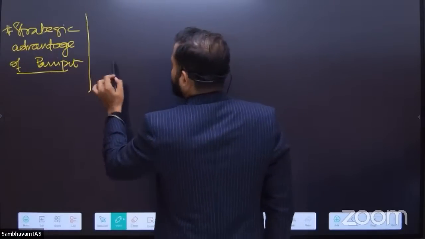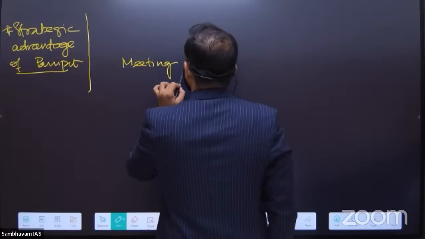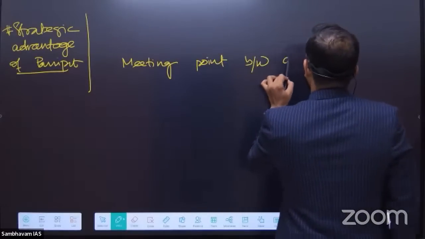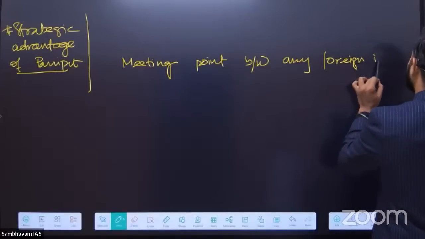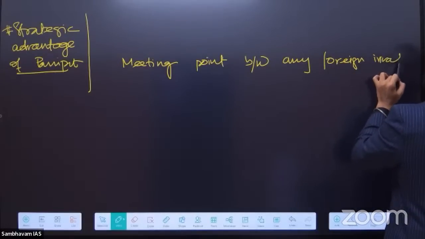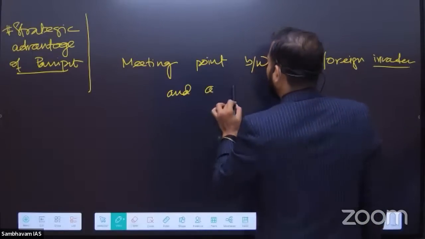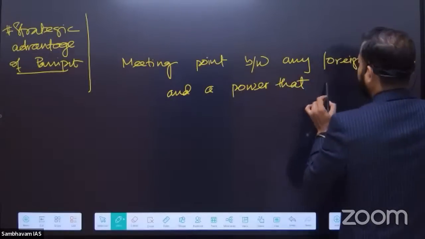Next is, that is, meeting point between any foreign invader and a power that controlled Delhi.